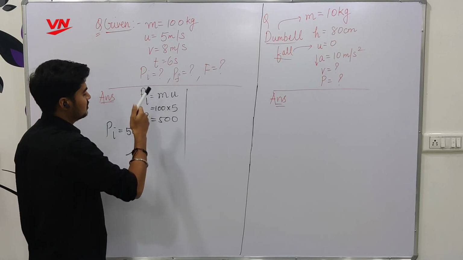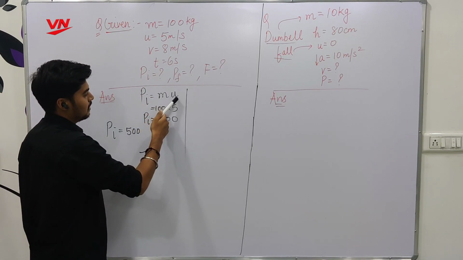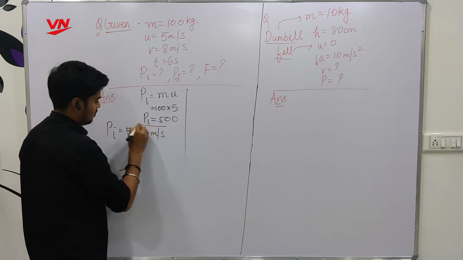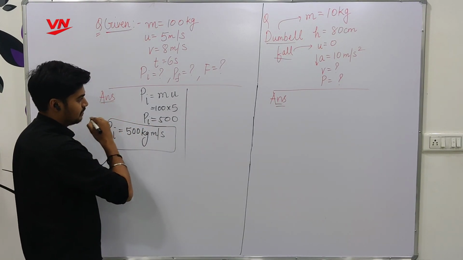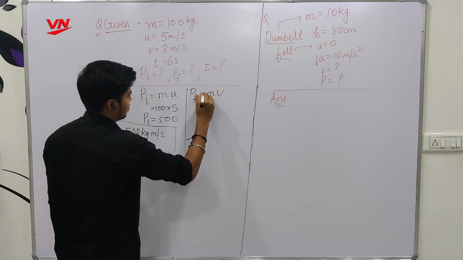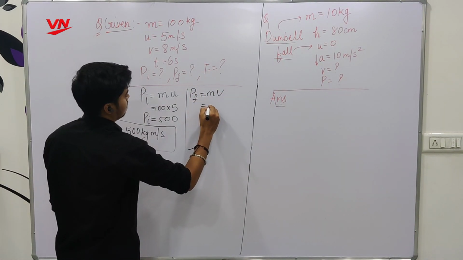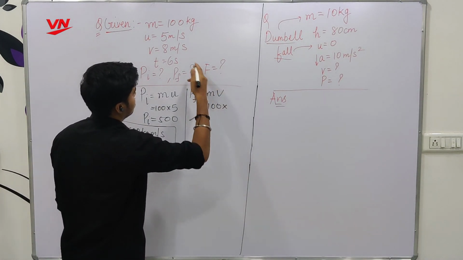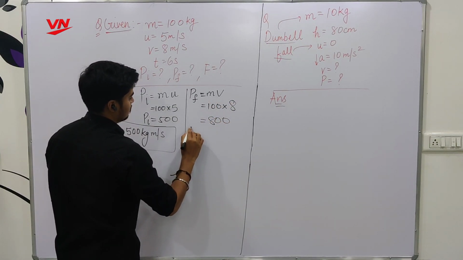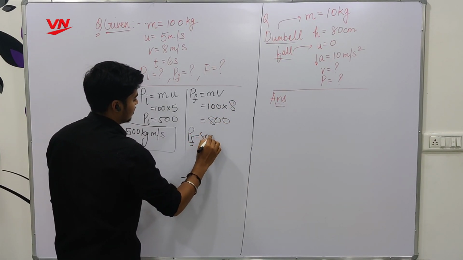SI unit of momentum is kg meter per second. Initial momentum is 500 kg meter per second. To get the final momentum, I will need mass and the final velocity. Mass is 100, final velocity is 8 meter per second. I will get 800. So final momentum will be 800 kg meter per second.